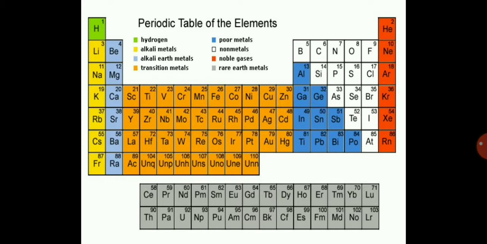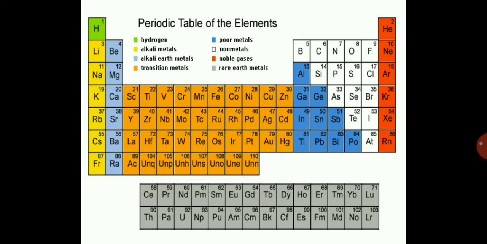See over here, that is the modern periodic table of elements. Hydrogen is given separately, then there is a zigzag line over here, that is the transition group. The seventh group is known as the halogen group: fluorine, chlorine, bromine, iodine.